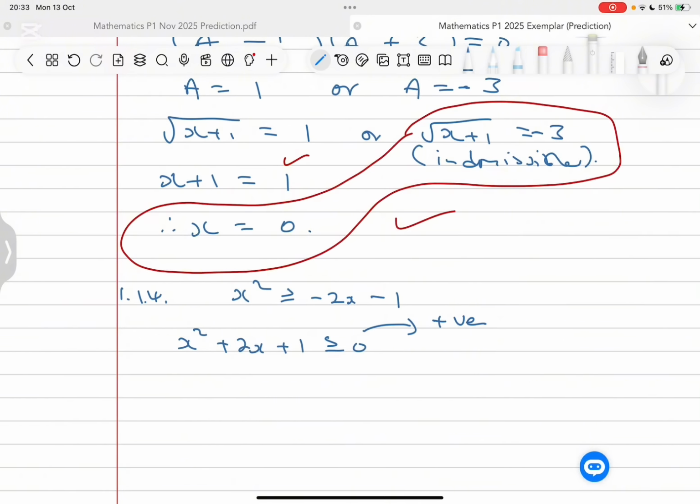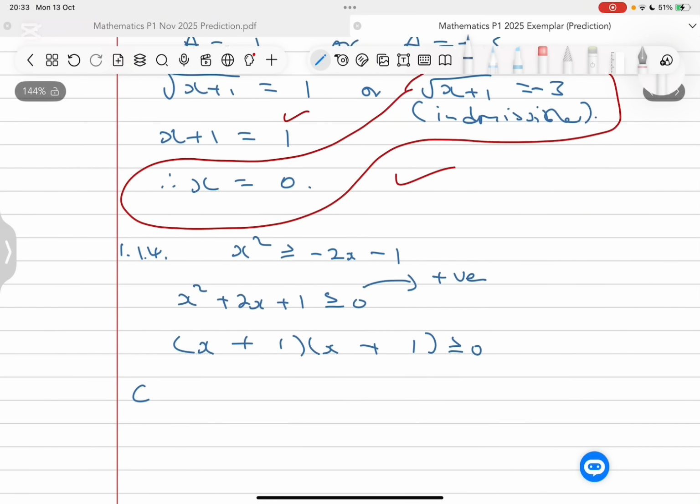Now, when it's like this, it is best to factorize this so that we can find the critical values. So here I'm going to have an x and an x, and I can see that my factors are 1 and 1. When you multiply 1 and 1, you get 1. And if you say 1 plus 1, you get 2. So that means both of them are positive.